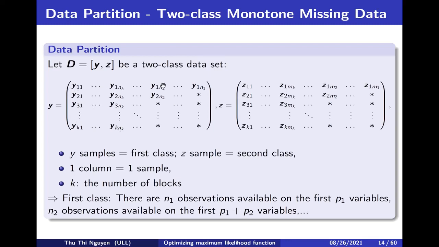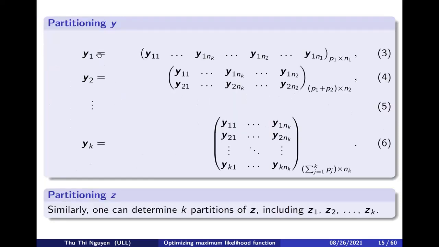There are n1 observations on the first B1 variables and n2 observations on the first B1 plus B2 variables, and so on. So we can partition Y into Y1, Y2, up to Yk as in equations 3 to 6.